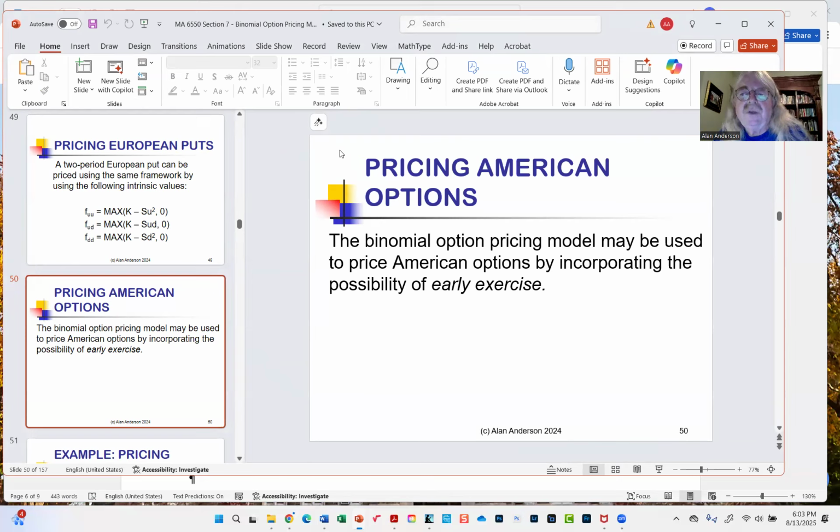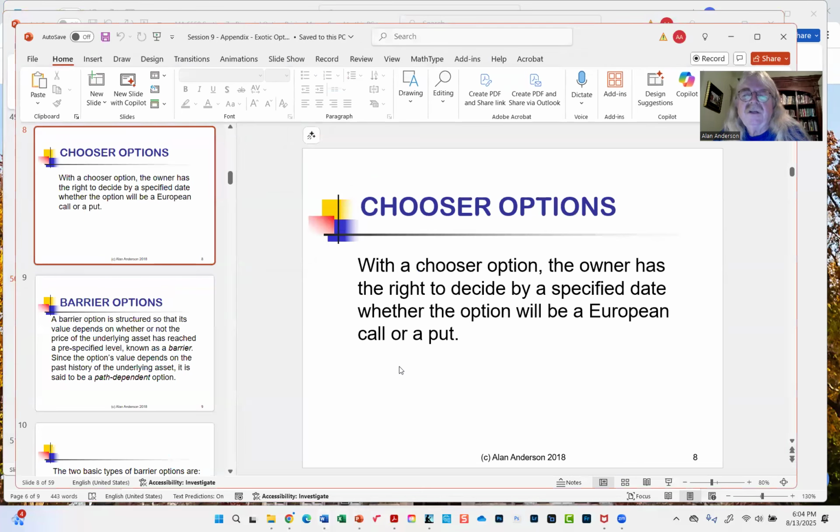Instead, I want to make sure that we cover Monte Carlo simulation, at least introduce it, because it is a very interesting way of getting at results without the requirement of a rigid model. Instead, we're basing all of it on assumptions about the statistical properties of the assets that we're pricing. So, Monte Carlo simulation.